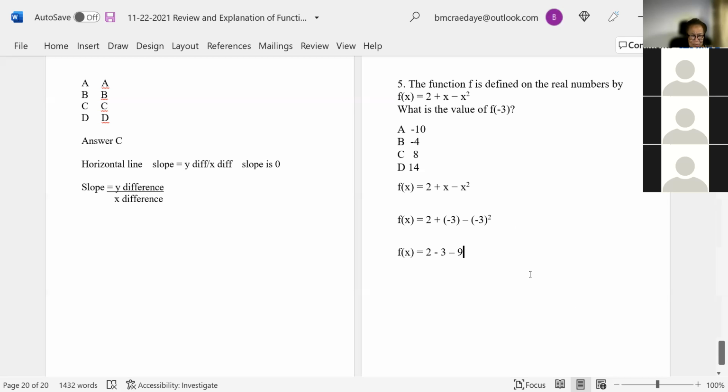How did you get minus 4? Because I said 2 plus minus 3, that's a minus 3. Minus 3 plus 9, that gives you a 5. 5 minus 9, it's not a minus 9.